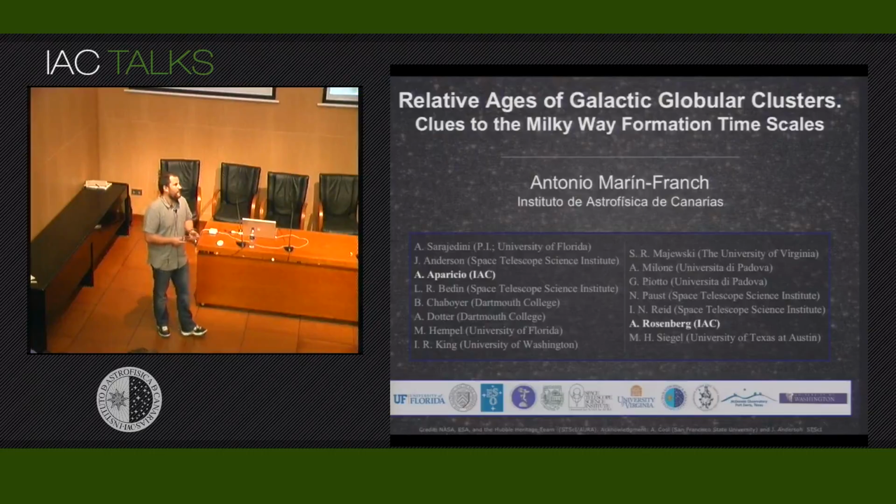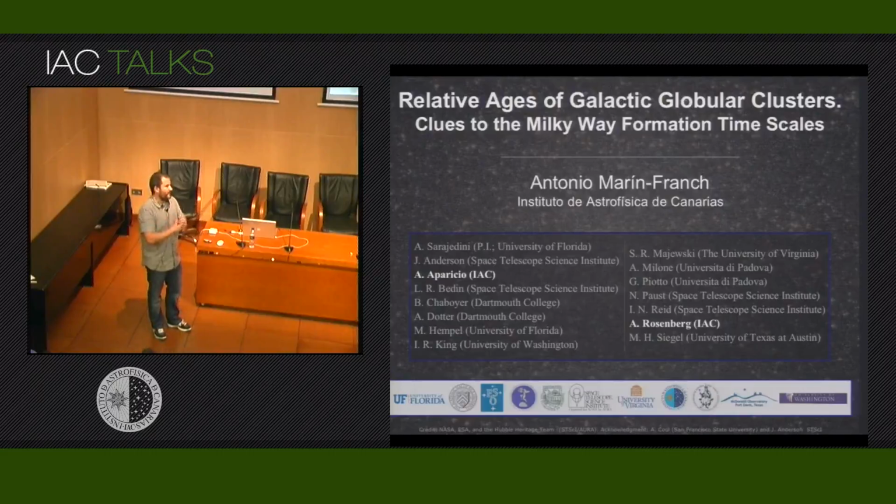So you form globular clusters probably before the collapse of the galaxy, no? This is a simplistic galaxy formation process, where you have that big proto-galactic cloud that starts to collapse, and during the collapse it starts to form stars and globular clusters. So during the collapse, both globular clusters and the halo stars are forming.